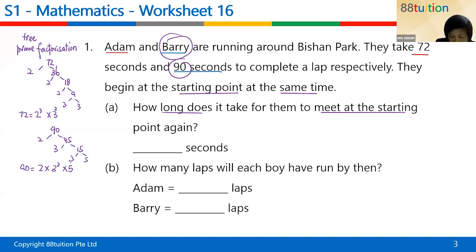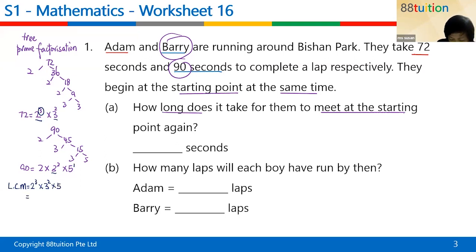All right. So with these two, what I can find is the lowest common multiple. Remember for the lowest common multiple, 2 to the power of 3 is the highest power. For 3 to the power of 2, they are common, so we just pick up one. And 5 to the power of 1, the other one doesn't have, so I pick down the 5.